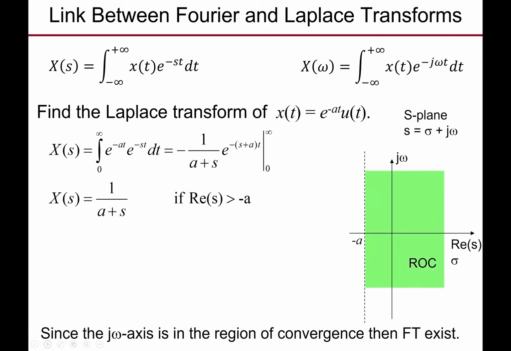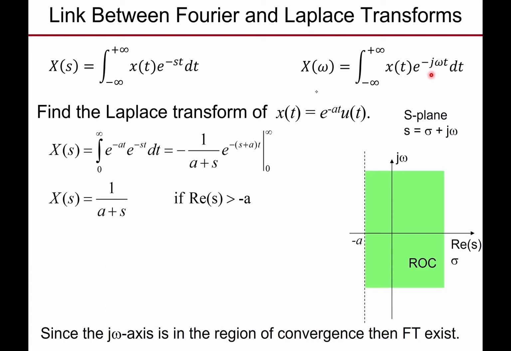Now, just to show you the link between the Fourier transform and the Laplace transform, this is the definition of Laplace. If I replace s by j omega, I get the Fourier transform. What does that mean? It means s, the complex variable as we said before, can be anywhere in the s plane. For the Fourier transform, it's only on the j omega axis.